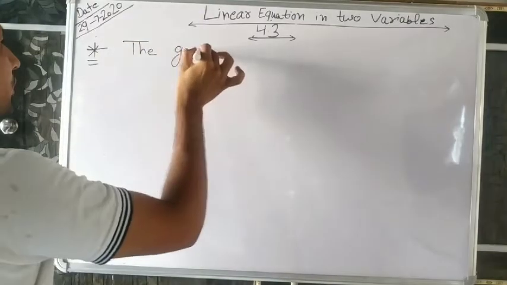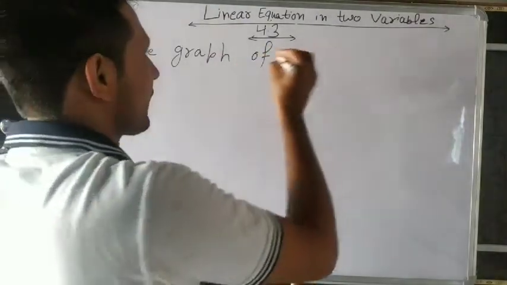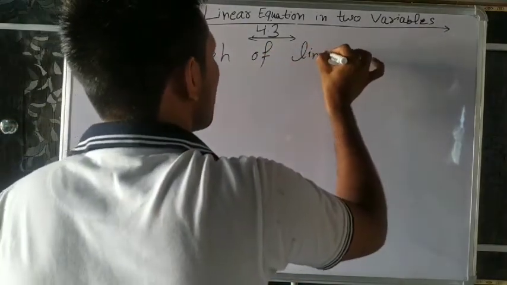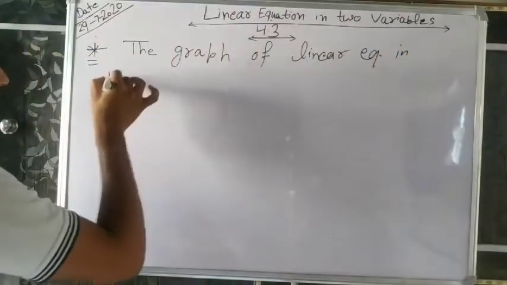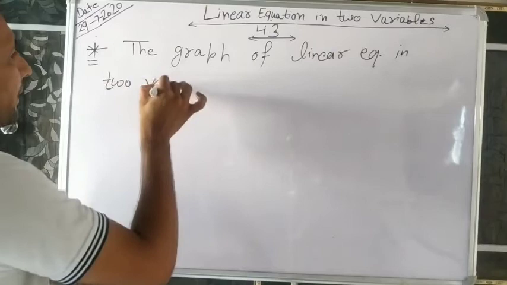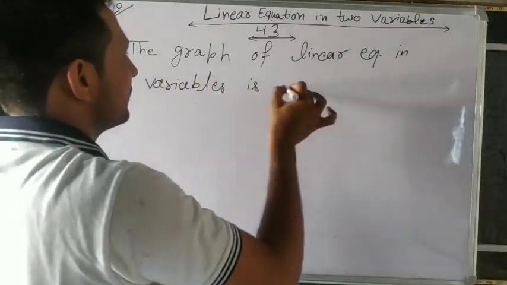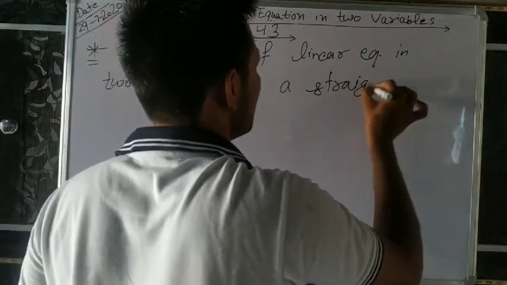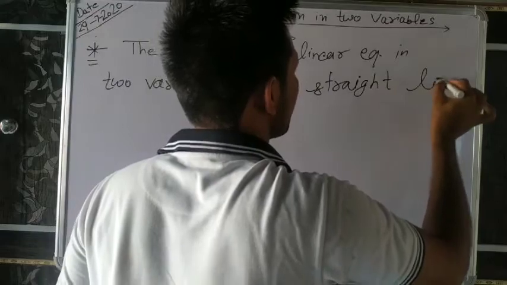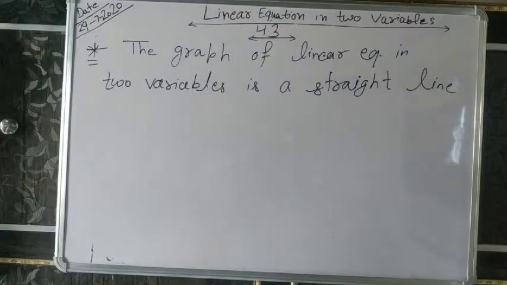The graph of a linear equation in two variables is always a straight line.